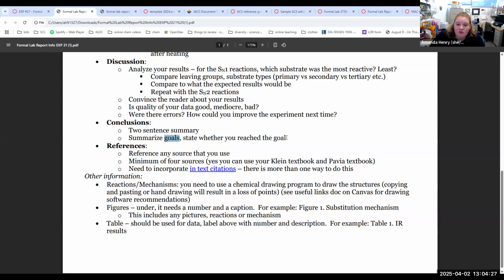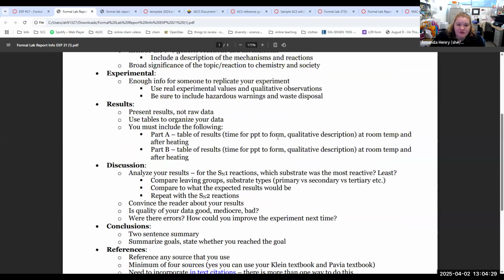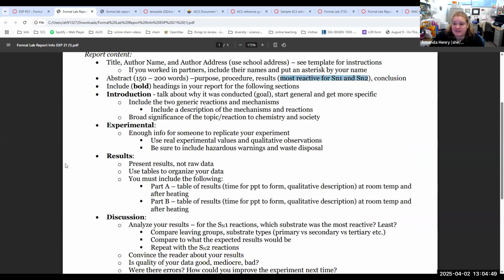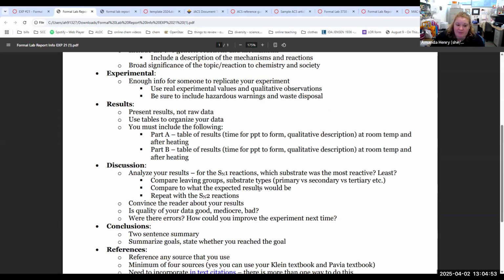And then, again, if we go back up to this abstract, when we're talking about the results for most reactive, that can be what you restate in your conclusion. Your abstract should feel repetitive because it's a summary of everything else you talked about. So it's okay if you have things listed in your abstract and then again in another part of your paper.